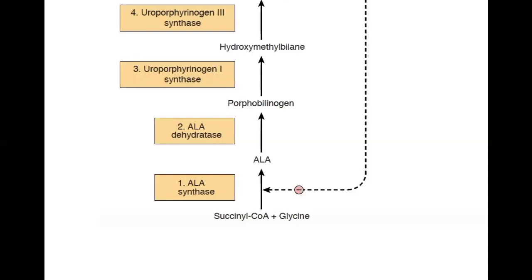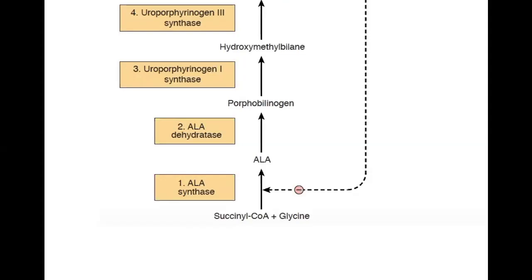Now, let's stop here. Succinyl-CoA plus the amino acid glycine, with the action of ALA synthase, will become ALA, and ALA will be converted to PBG, or porphobilinogen, through the enzymatic action of ALA dehydratase. Now, please remember this.